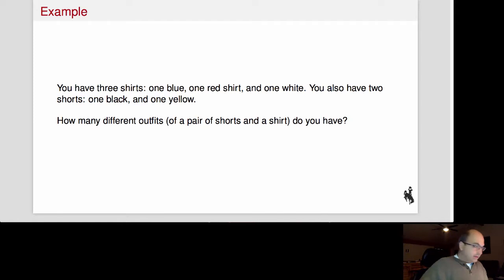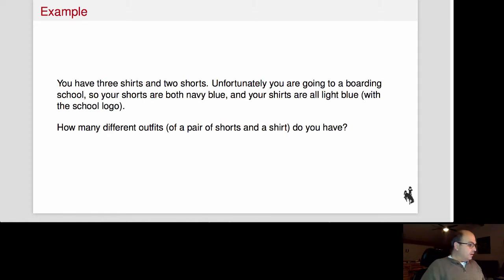All right. Now let's try a slightly different scenario, okay? Let's say that I, again, have 3 shirts and 2 shorts, but now I have a problem because, you see, I'm going to a boarding school. And in my boarding school, I'm required to have navy blue shorts and light blue shirts. That's it.